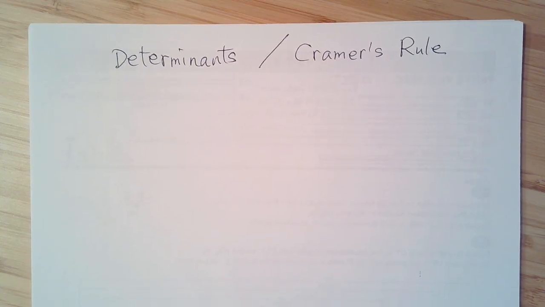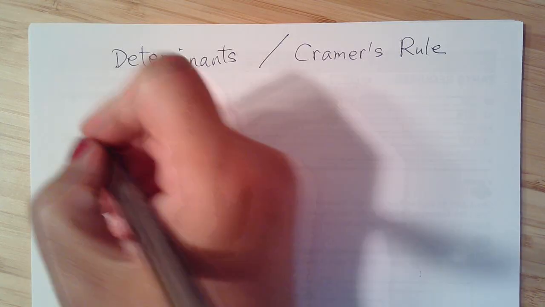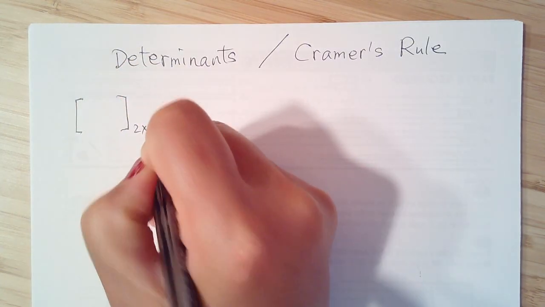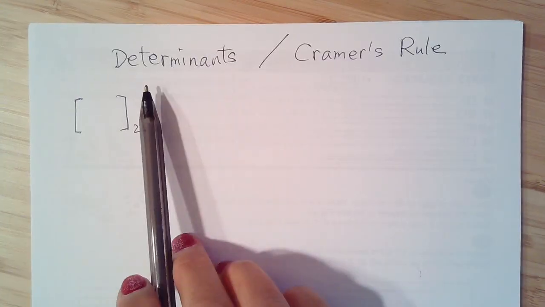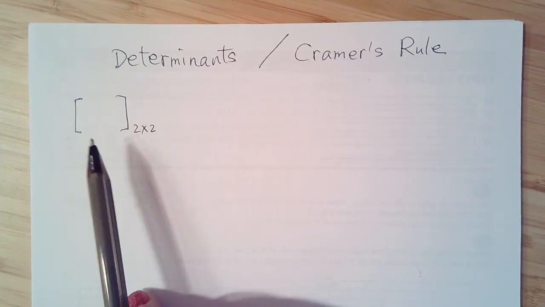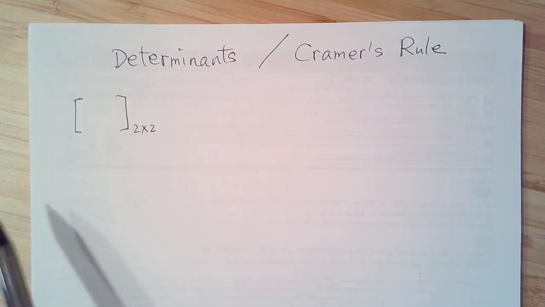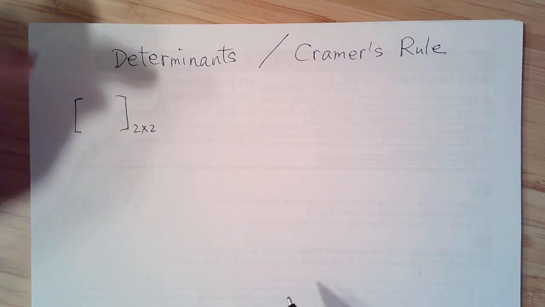So first of all, how do you find the determinant of a 2 by 2 matrix? I'm going to teach you how to find the determinant of a 2 by 2 and a 3 by 3 matrix. Now there is a way to show the determinant of a matrix.